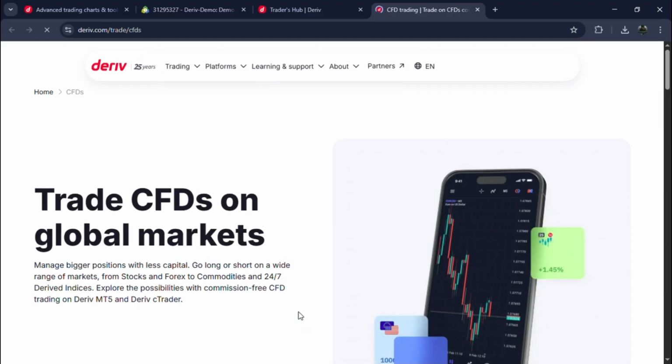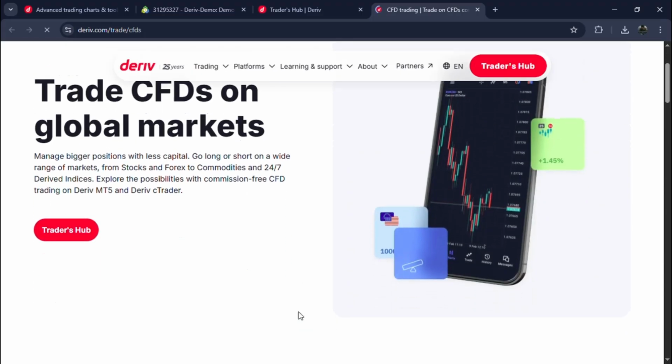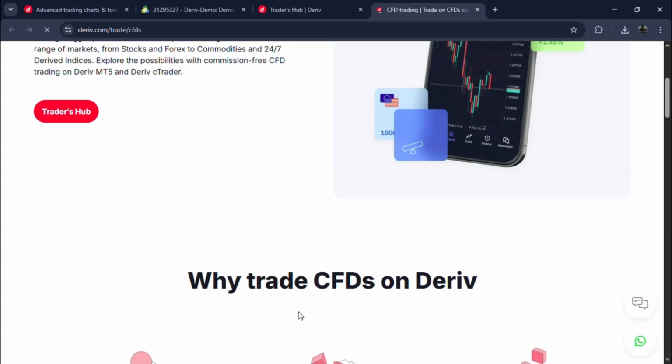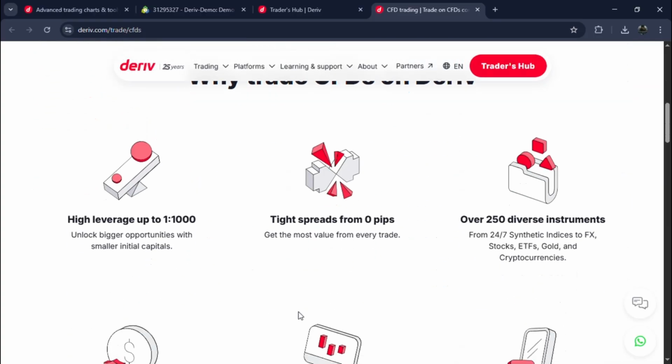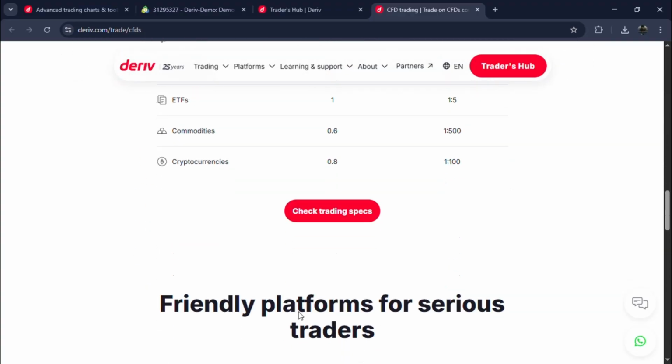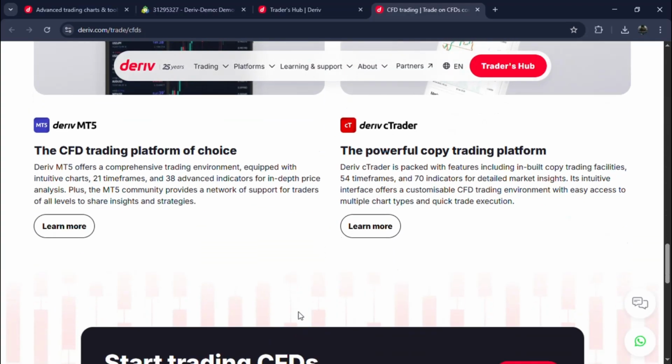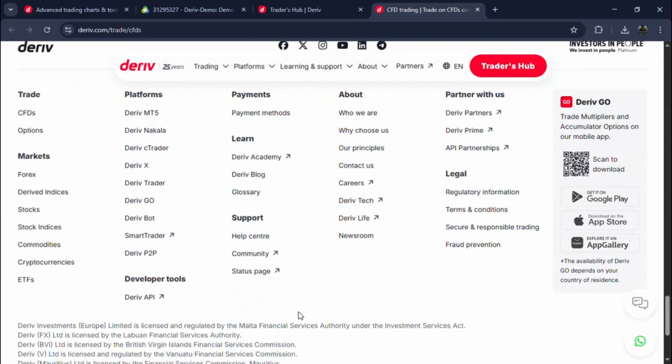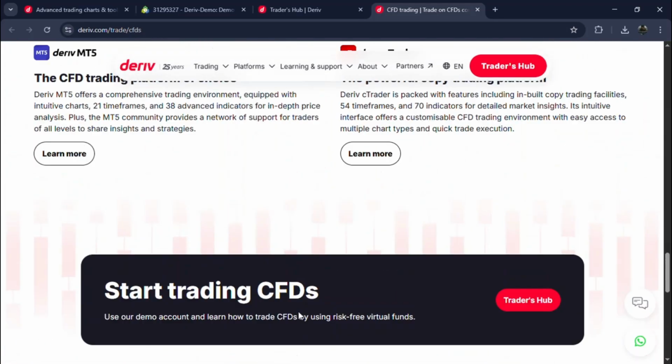Deriv as a broker will give you a variety of information before you choose whether you'll trade using them as a broker or use any other broker to trade.